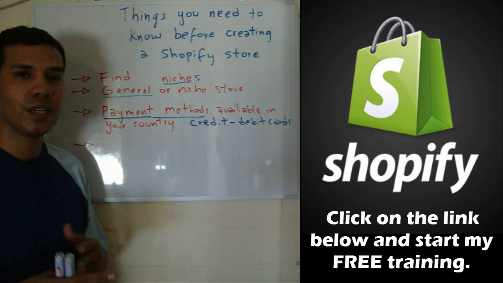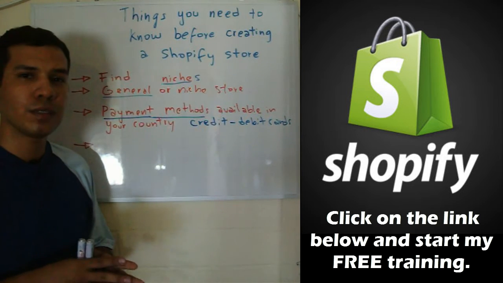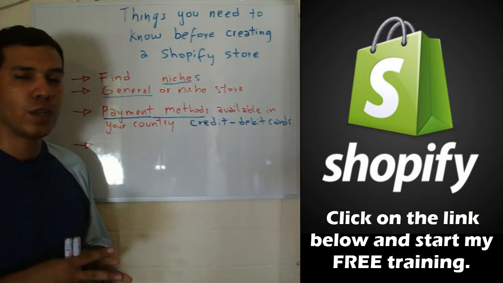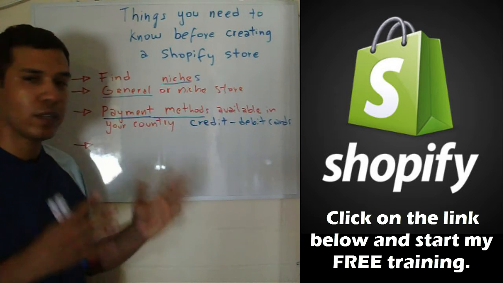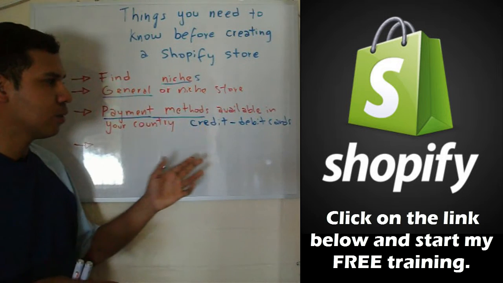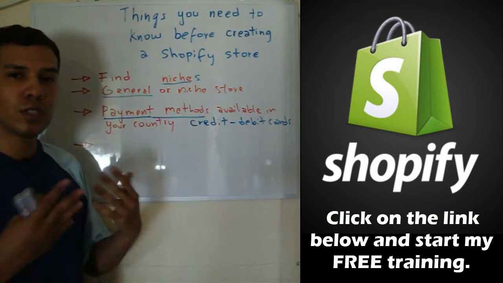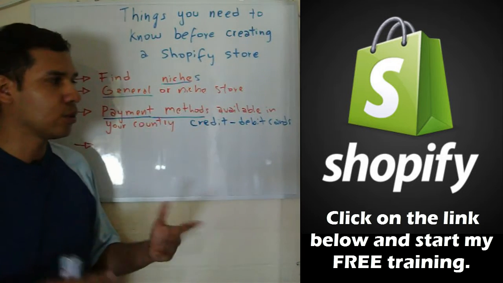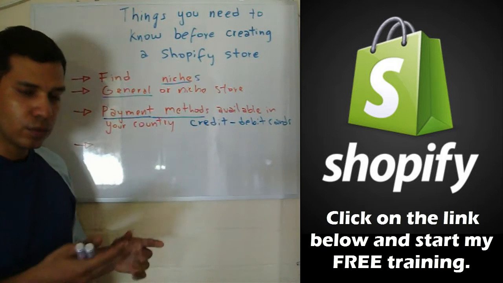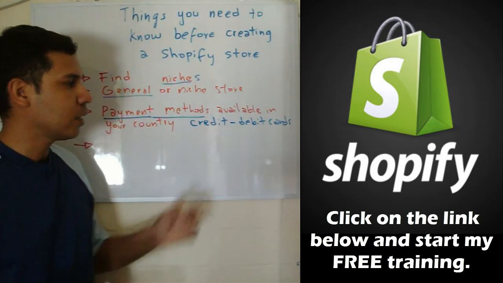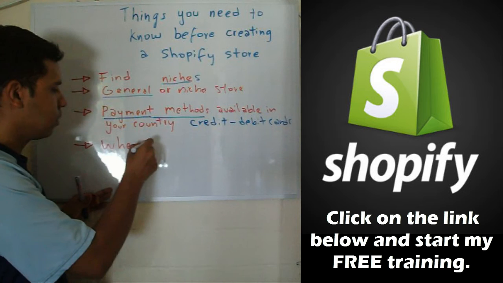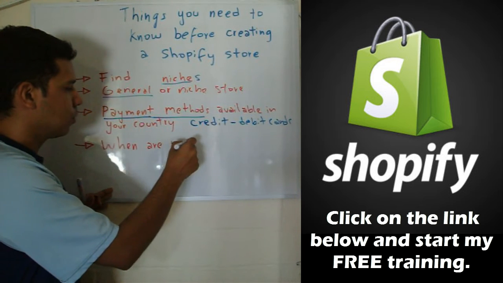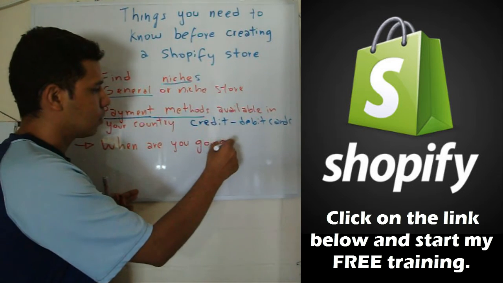It can be 7 days, it can be 15 days, it could be 21 days. It depends on each platform. There are a lot of platforms out there that you can set up if you are outside of the US. That's the good news. The bad news is that you need to know which payment method and when you are going to access the money.